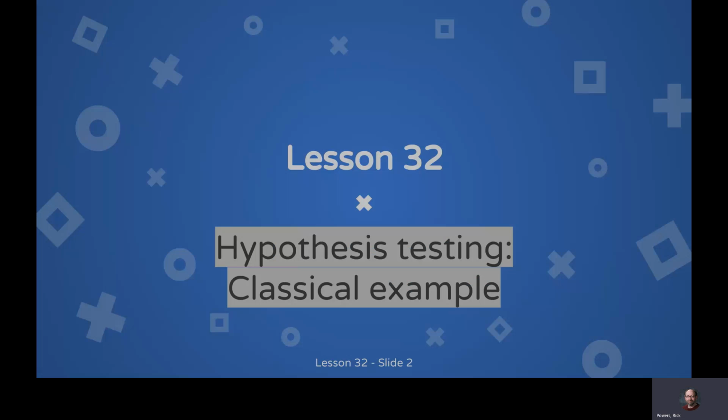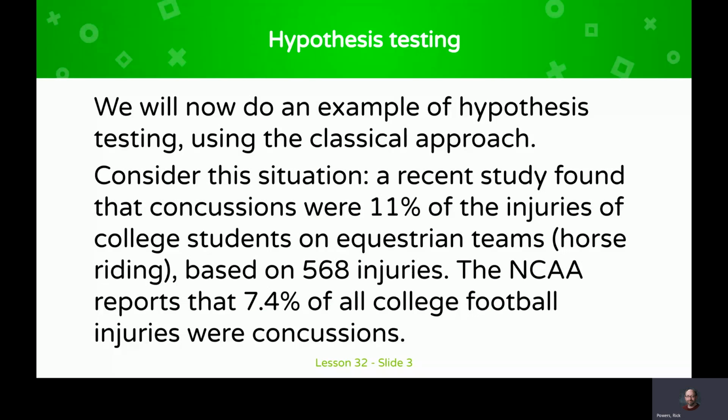We will now do an example of hypothesis testing using the classical approach. Consider this situation. A recent study found that concussions were 11% of the injuries of college students on equestrian teams, horse riding, based on 568 injuries. The NCAA reports that 7.4% of all college football injuries were concussions.